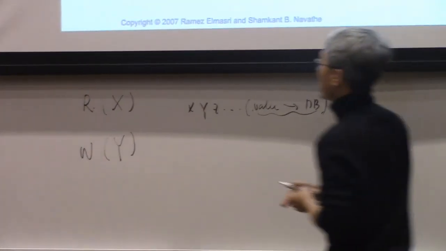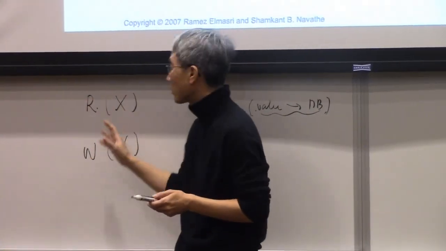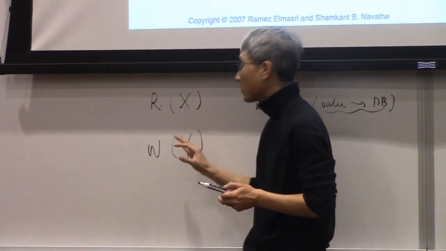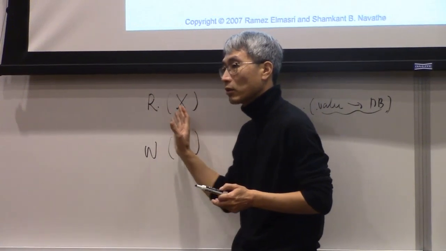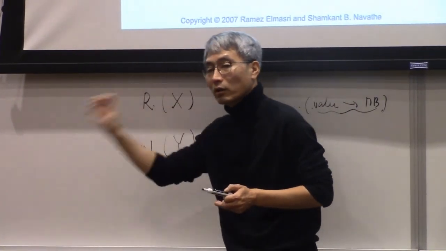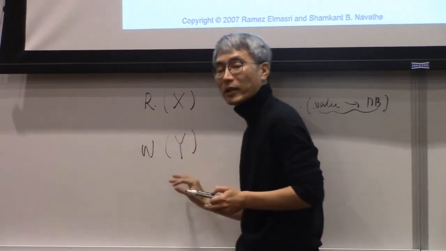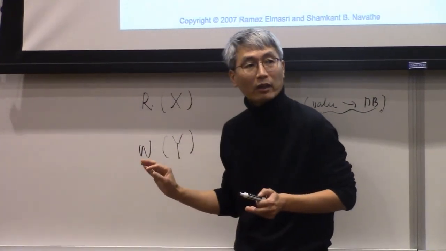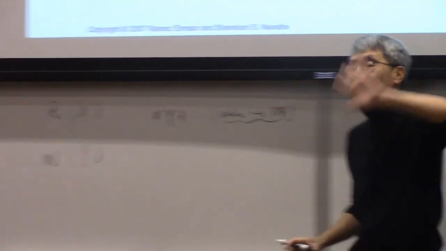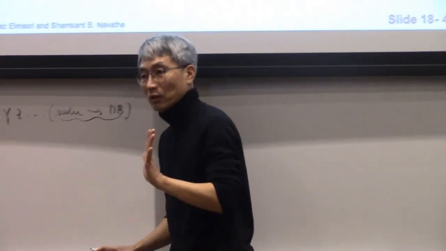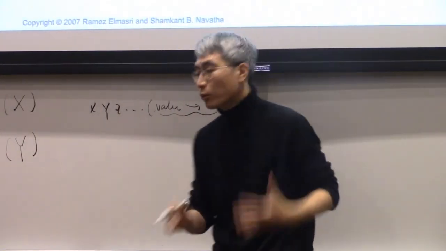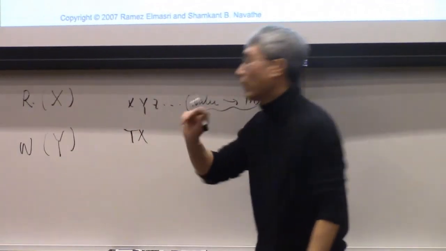We are going to use such a notation: read data item X. At that time X can be a certain attribute value, the entire table, or the database. And write on database object 1, something like that. Last time we talked about transaction management, and we are going to use the transaction going forward.